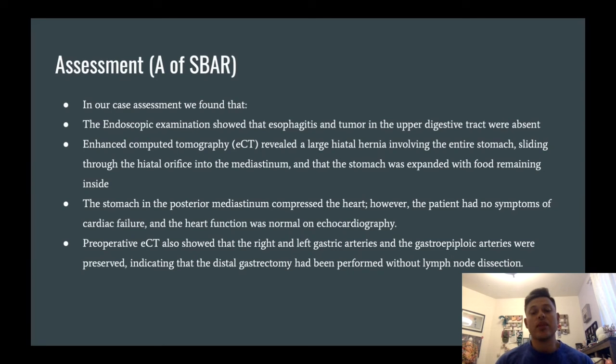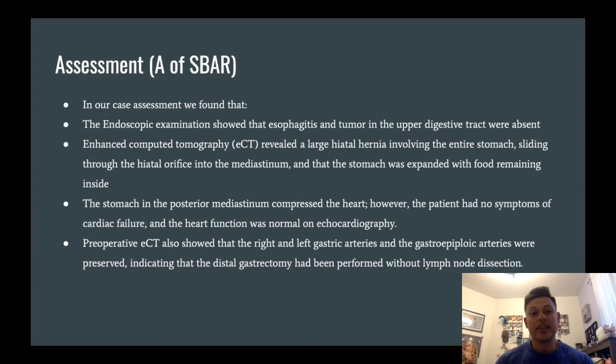Enhanced computerized tomography, abbreviated ECT, revealed a large hiatal hernia involving the entire stomach, sliding through the hiatal orifice into the mediastinum, and that the stomach was expanded with food remaining inside. The stomach in the posterior mediastinum compressed the heart. However, the patient had no sign or symptoms of cardiac failure, and the heart function was normal on the echocardiograph.